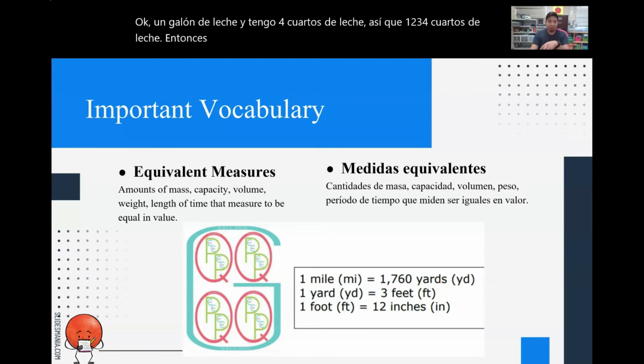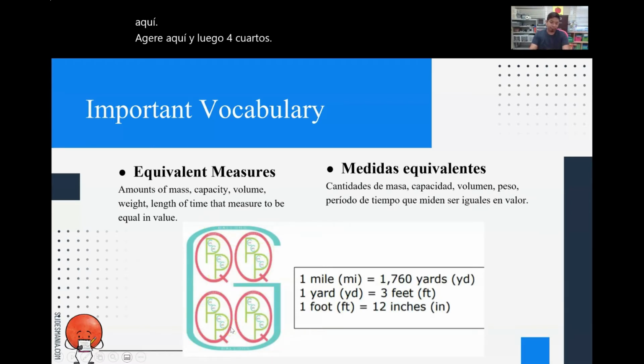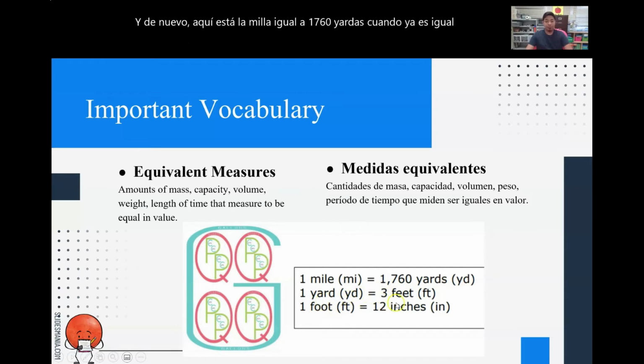It's the same thing, which is why we have a G right here, and then 4 quarts. So yeah. And then again, like 1 mile equals 1,760 yards, 1 yard equals 3 feet, 1 foot equals 12 inches, okay? So that's what equivalent measure means. It's the exact same thing.